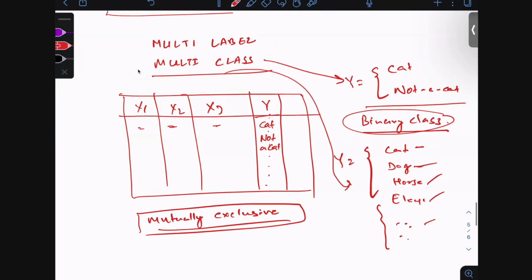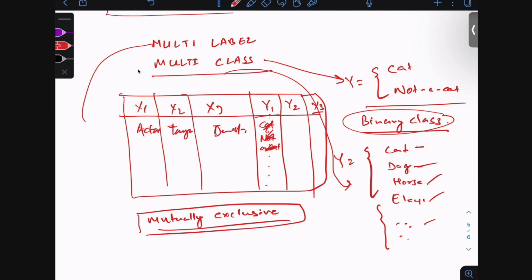What is multi-label? Let's say we have y1, and we have to predict y2, and we may have to predict y3 also. So a movie's actor is given, language is given, and let's say budget is given.